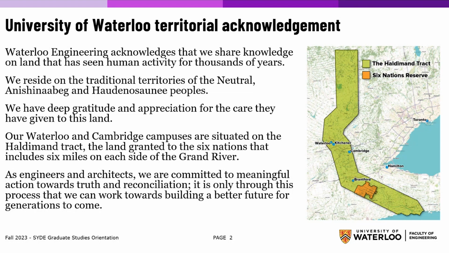Our Waterloo and Cambridge campuses are situated on the Haldimand Tract, the land granted to the Six Nations that includes 6 miles on each side of the Grand River. As engineers and architects, we are committed to meaningful action towards truth and reconciliation. It is only through this process that we can work towards building a better future for generations to come.